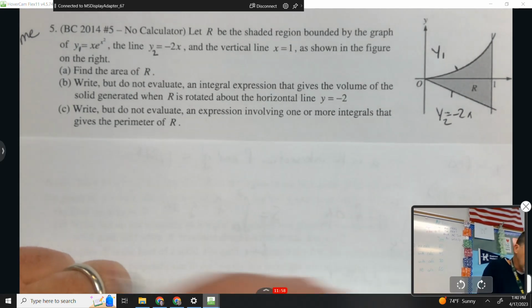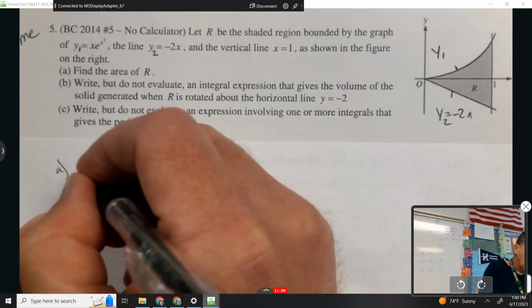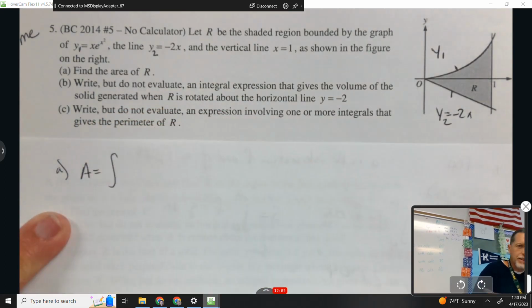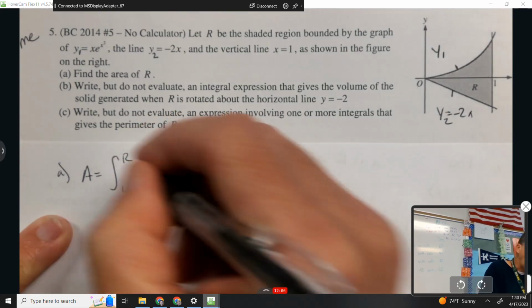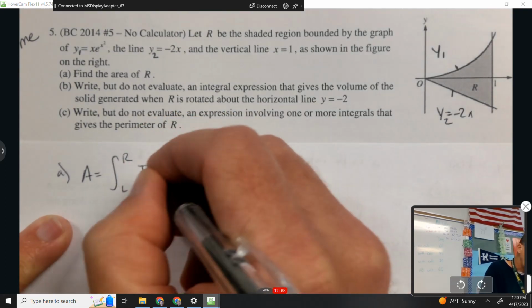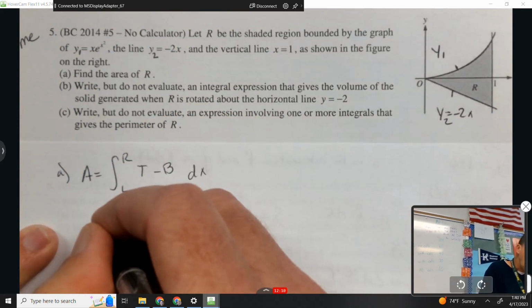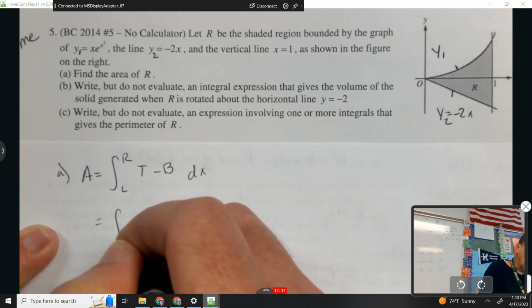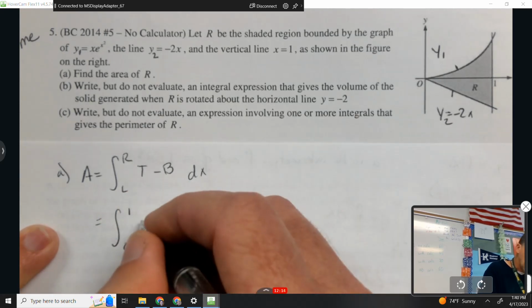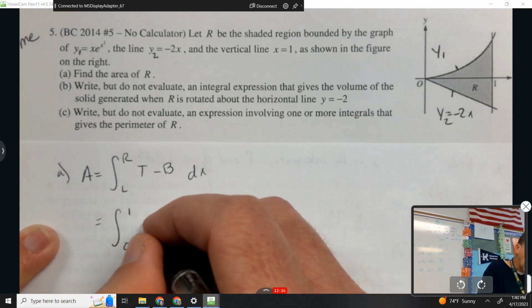Find the area of R. All right, area under the curve is the same thing: top minus bottom from left to right. So that would be from 0 to 1. Yeah, the top curve is y1.